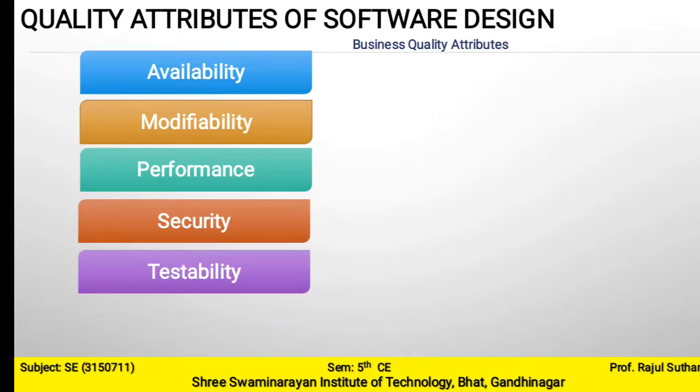testability. So what do we mean by testability? The testability attribute is concerned with detecting failure modes. Typically 40% of the cost of a large project is spent on testing. This means an architecture that supports testing reduces the test cost and time.